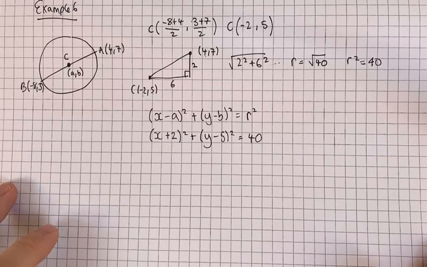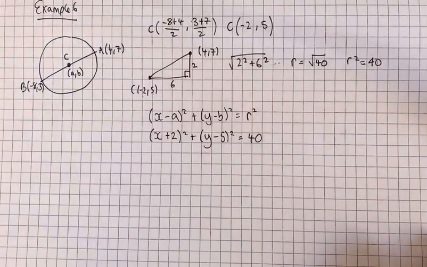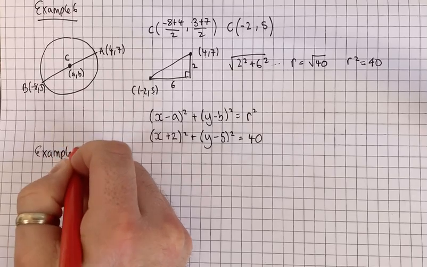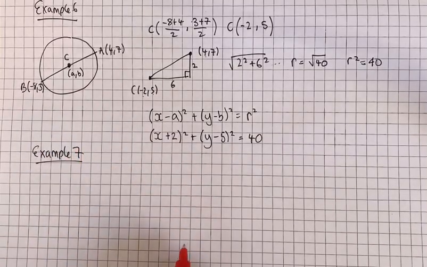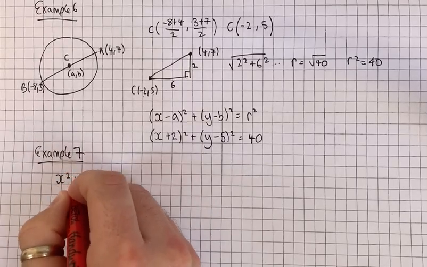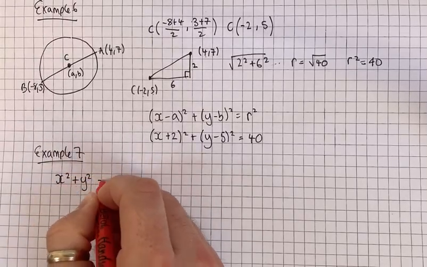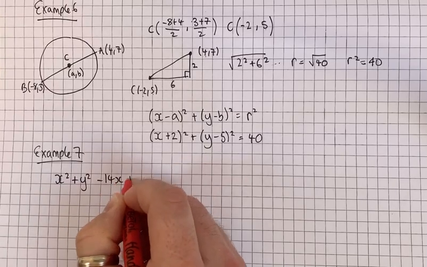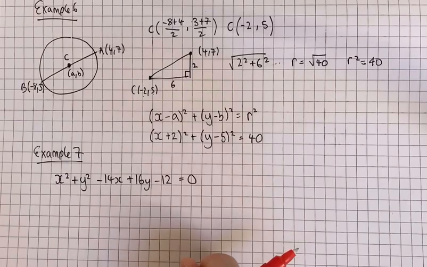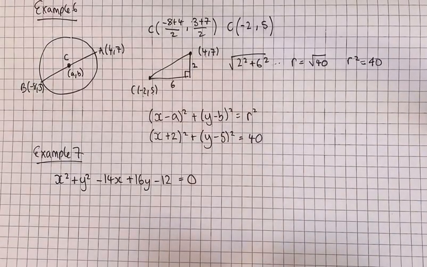Right then, on to the last example, example 7, of this part of the chapter. We're told that we have an equation of a circle as x squared plus y squared minus 14x plus 16y minus 12 is 0. So it's given in a slightly different form. And what we need to do is work out the centre and radius of the circle.